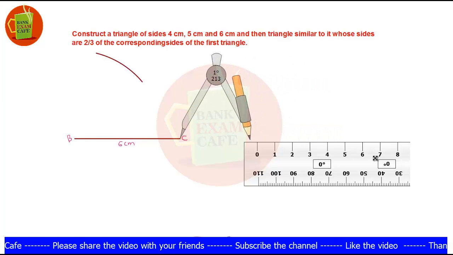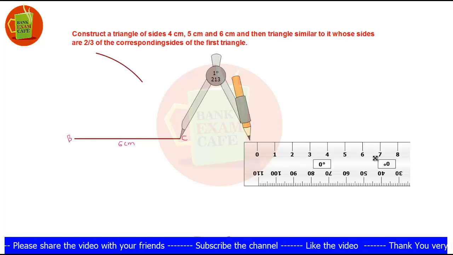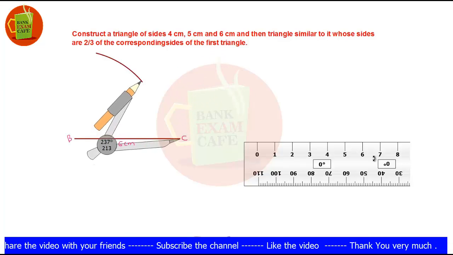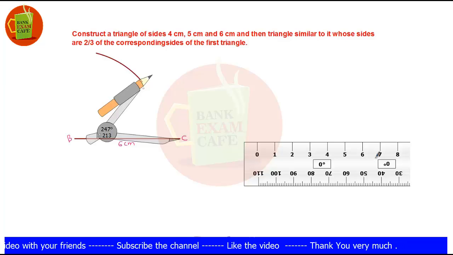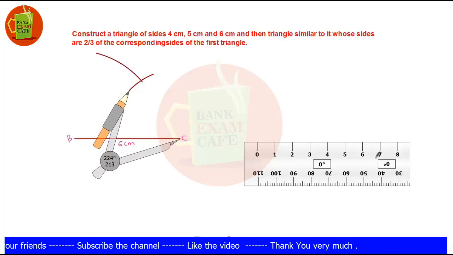So take C as a center and a distance of 4 centimeter. Cut the previous arc.